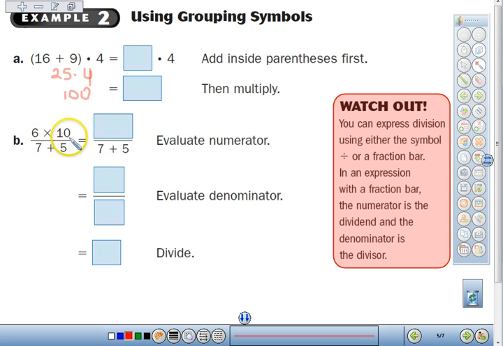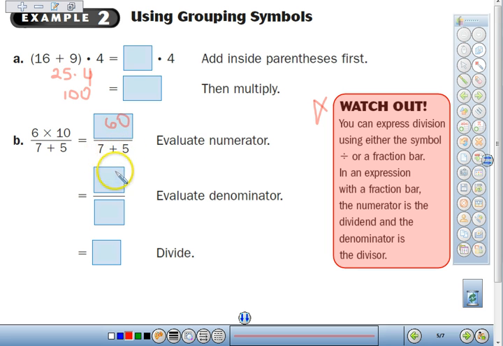Here we have a division line, and that line that separates, sometimes you think of it as a fraction, numerator and denominator, it also means division. So kind of looking at this, it says you can express division two ways. You can either use a symbol for division or a fraction bar. So in this case, we want to do what's on top of the fraction bar. 6 times 10 gives us 60.